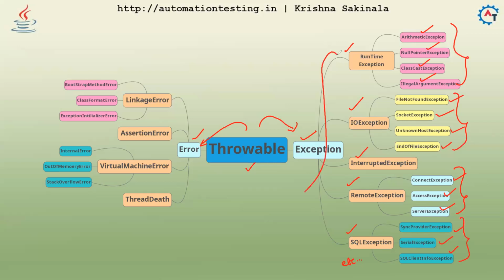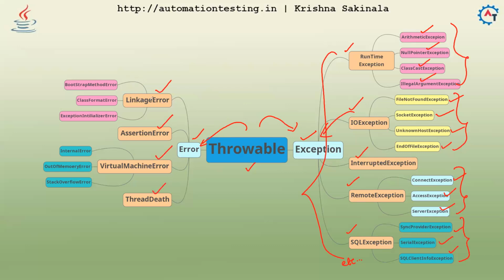So these all come under the Exception class. There are so many other exceptions, and you have subclasses also. But when you come to Error, we already saw the difference between exception and error in our previous video. In Error, you have multiple classes: LinkageError, AssertionError, VirtualMachineError, ThreadDeath.